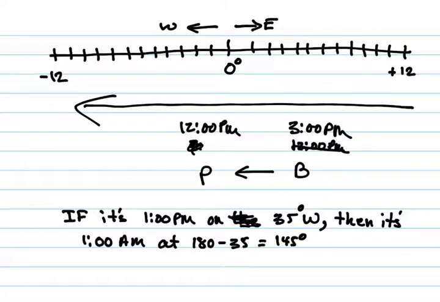But there's a much more efficient way using the number line and using your calculator. Now, before we do that, though, we want to talk about one other fact of time. And that is, for every 15 degrees in longitude, oops, I can't spell.